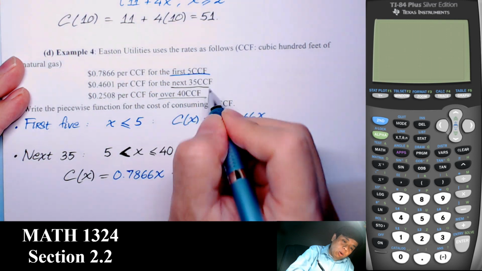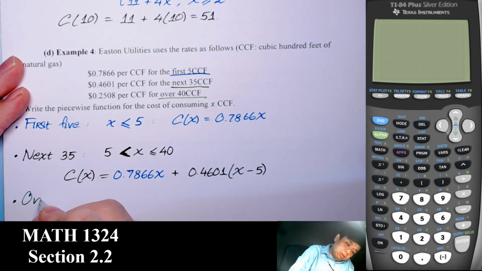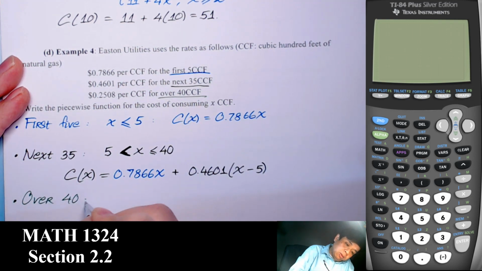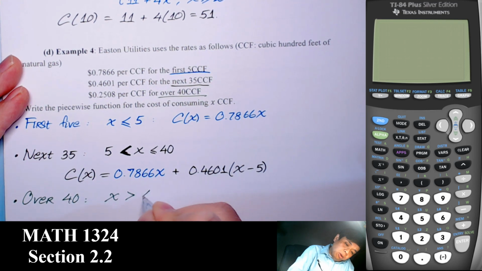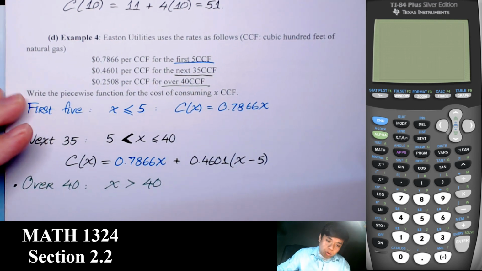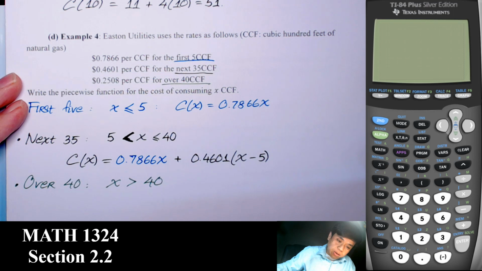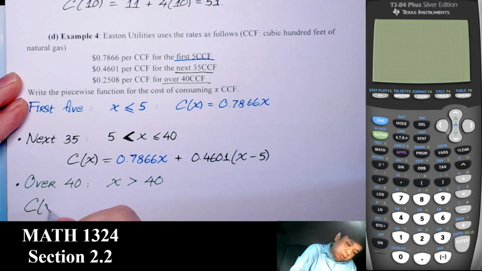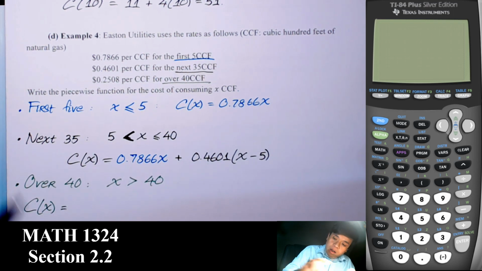And then for over 40, the rate will be as follows. Regardless of the first 5, it's going to be at this rate.